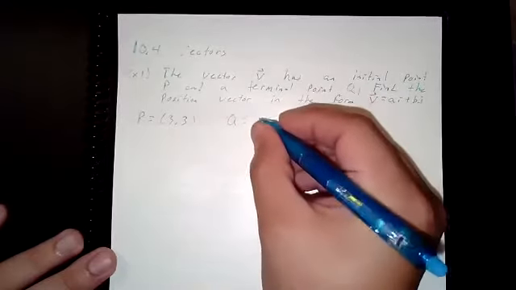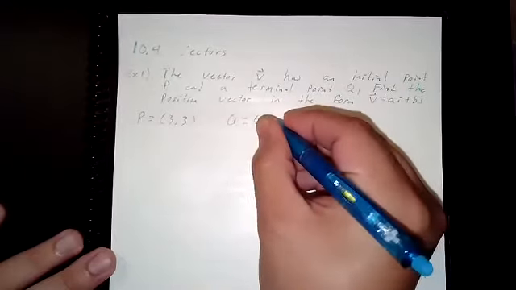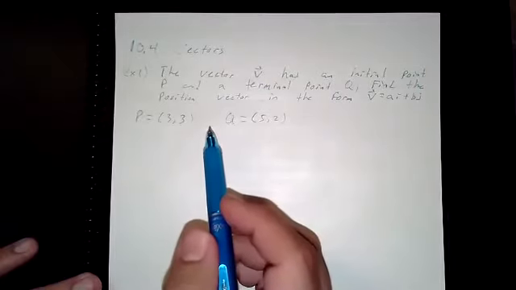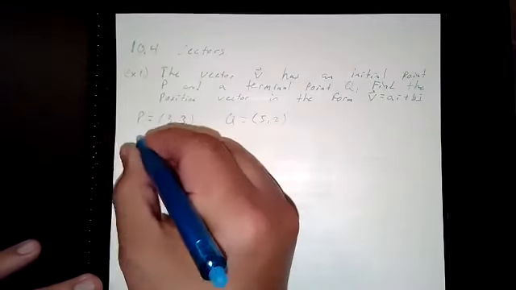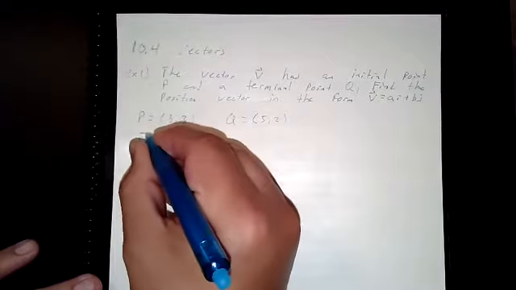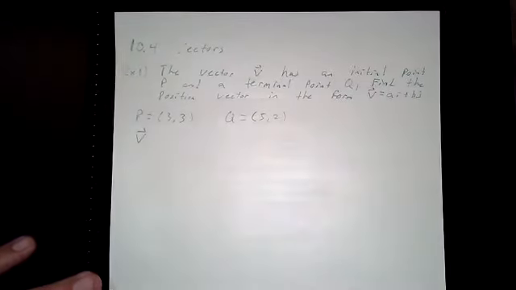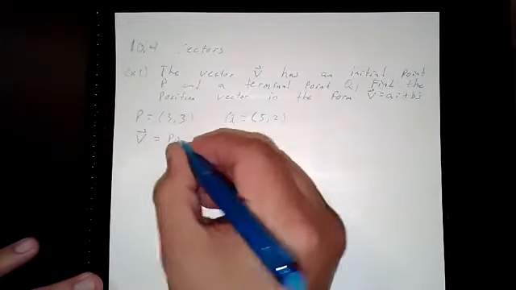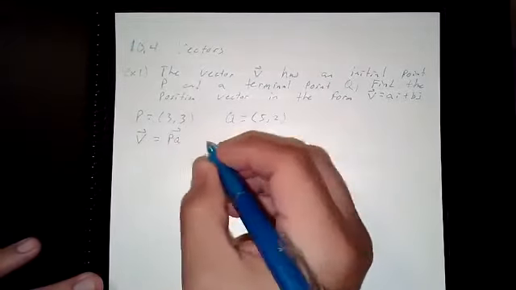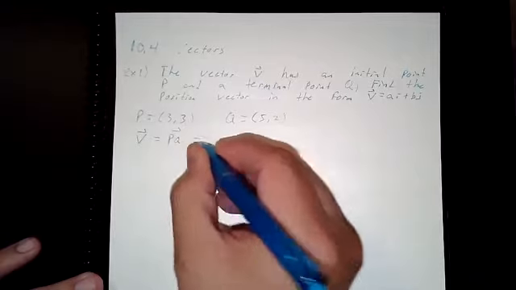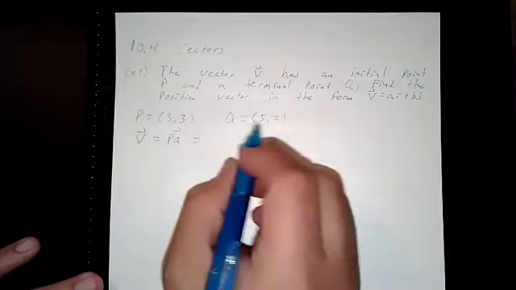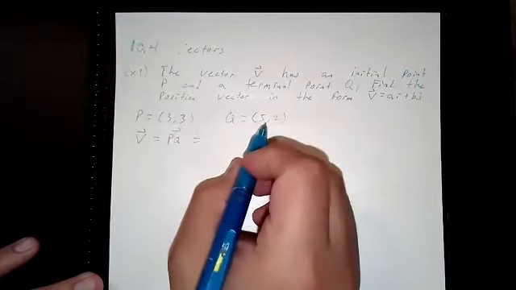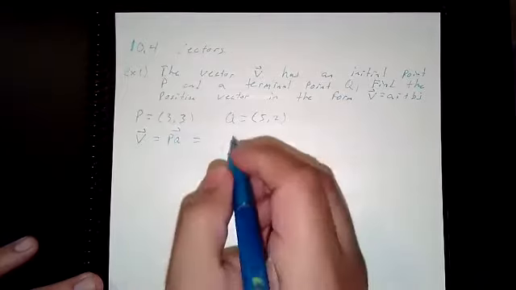So we're going to do two-dimensional vectors. Here are 2 points. To find the vector that goes through these points, this is what you do. The notation, put a little hat on there: v is equal to PQ, which is basically the last point minus the first point.